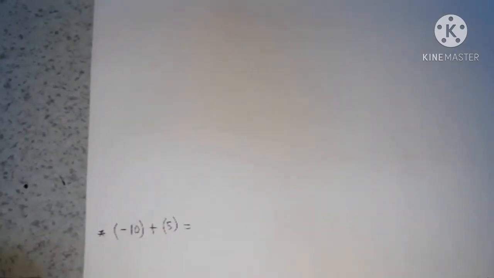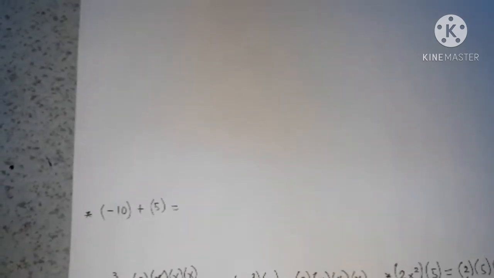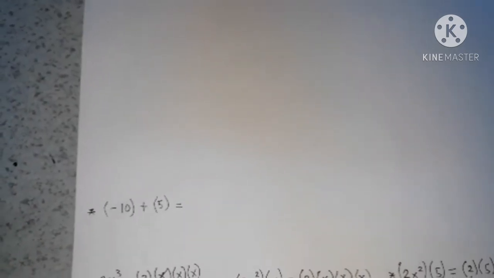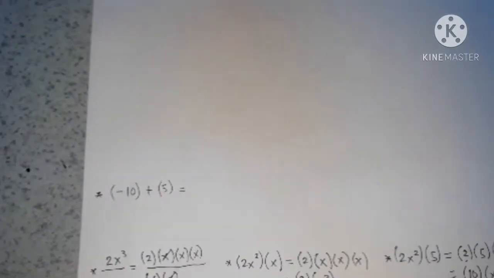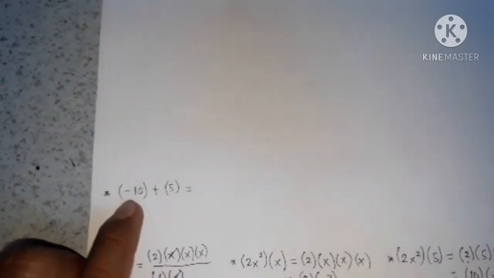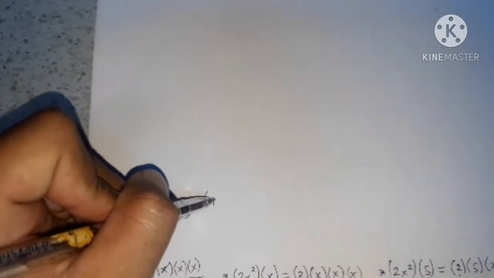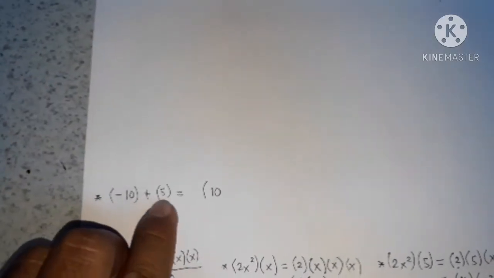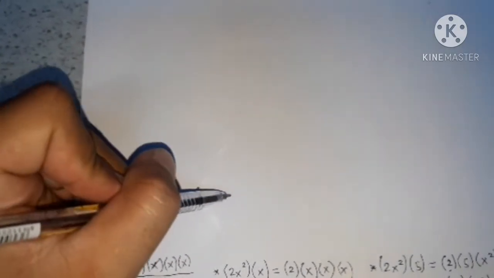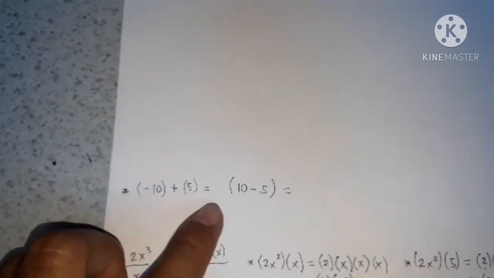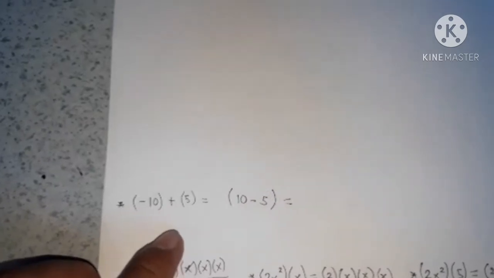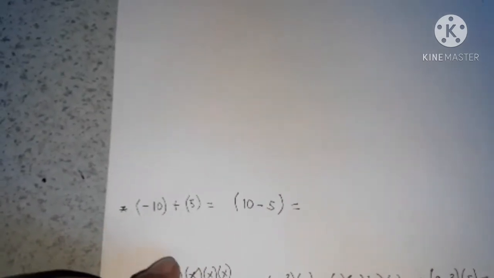And then, ang gagamitin daw nating sign ay yung sign ng number na mas malaki ang absolute value. So, paano yan? Absolute value ng negative 10, that is positive 10. And then, absolute value ng positive 5, that is positive 5. So, isusubtract natin.